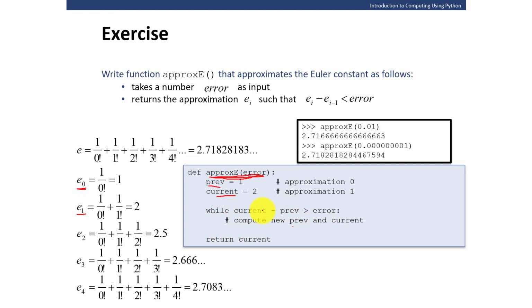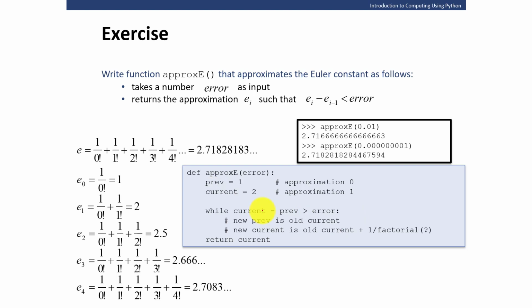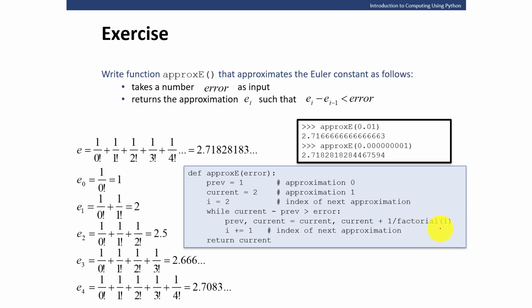We have to use parallel assignment again, where the new previous is the old current and the new current is the old current plus 1 over the factorial of what? Which number, guys?